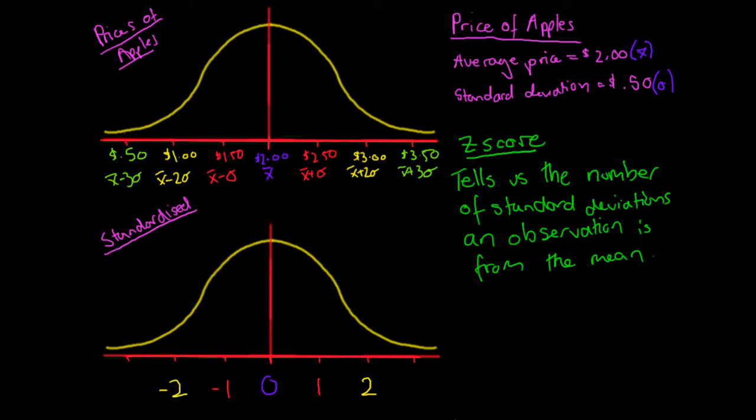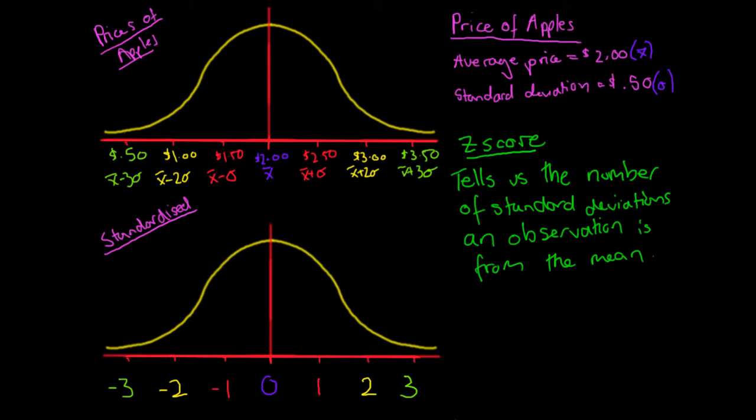And for our 3 standard deviations above the mean, the z-score will be positive 3, and 3 standard deviations below the mean, the z-score will be negative 3. So there are our basic z-scores. We got 0, 1 for 1 standard deviation, 2 for 2 standard deviations, 3 for 3, negative 1 for negative 1 standard deviation, negative 2 for negative 2 standard deviations, and negative 3 for negative 3 standard deviations.